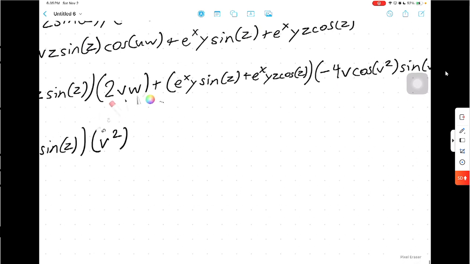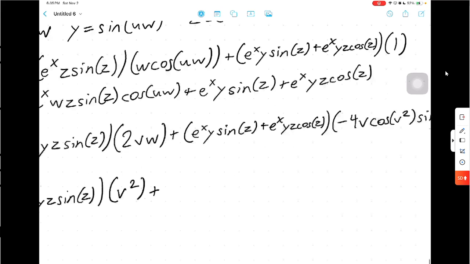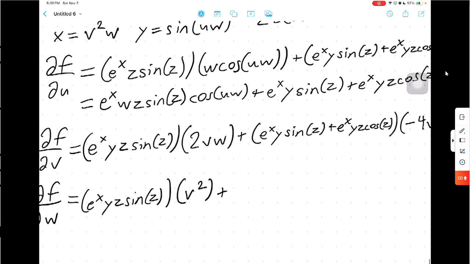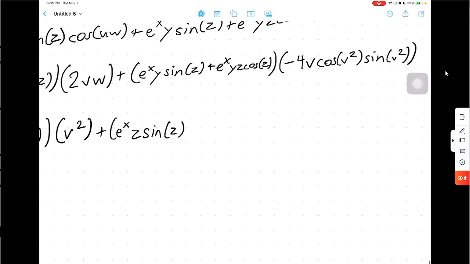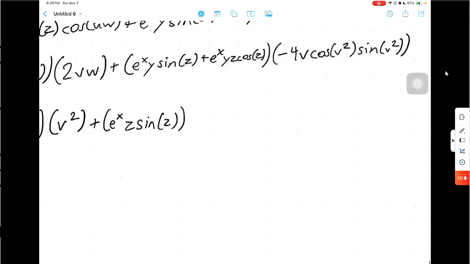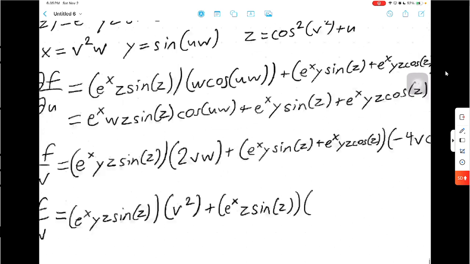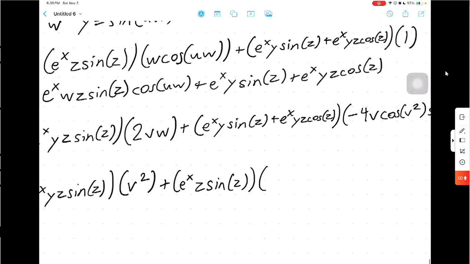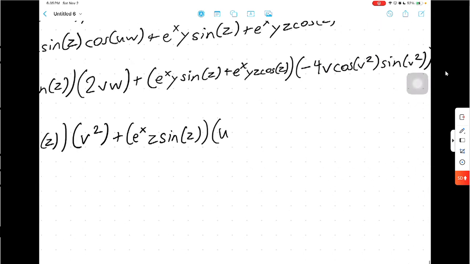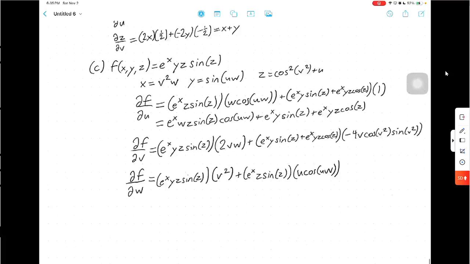And then we have plus the partial with respect to y, which is e to the xz sine of z, and then times the partial of y with respect to w, which is u cosine of u w. I'm just going to leave it like that.